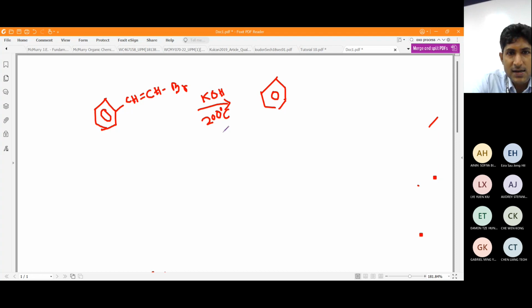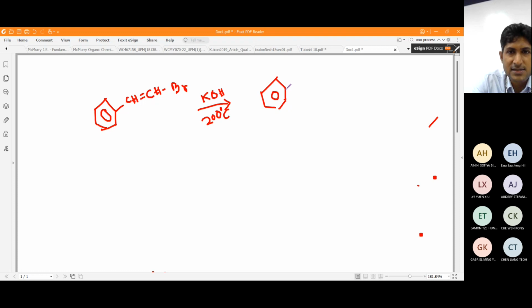So this is 200 degrees centigrade, potassium hydroxide, a strong base we are adding. So that means it will be an E2 type of elimination reaction, right?